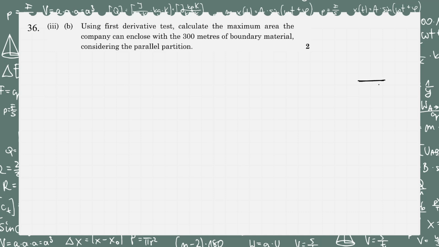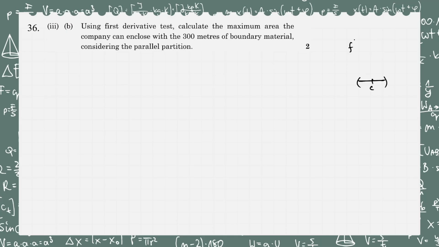What do you mean by neighborhood? Suppose if C is the critical point, we have to consider a small interval which contains C in the middle, and you have to try the value of f dash of x at both the ends. So that will tell you whether the function was increasing or decreasing on both the ends.